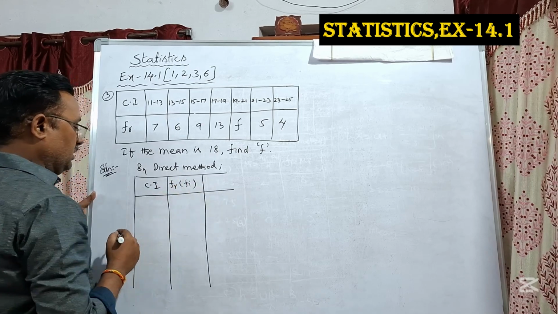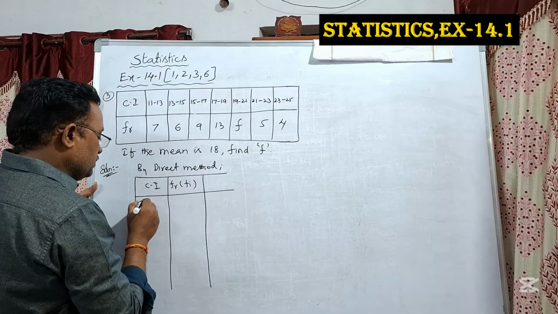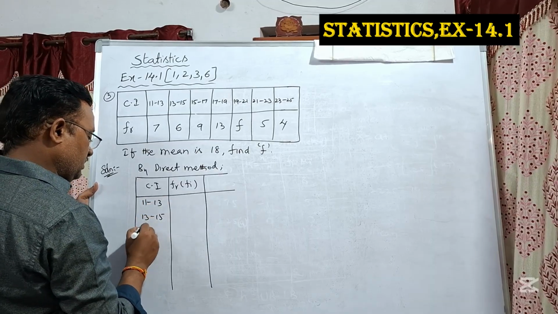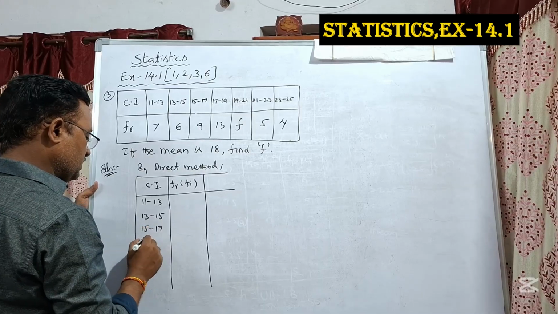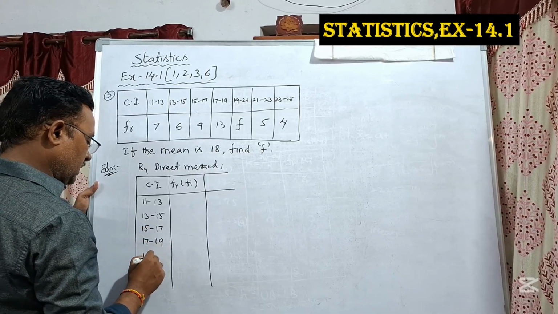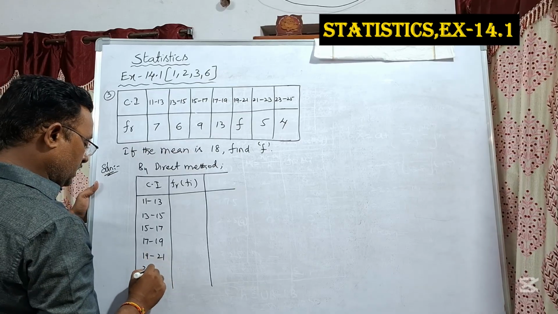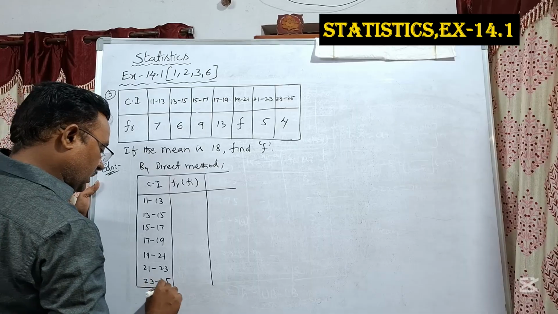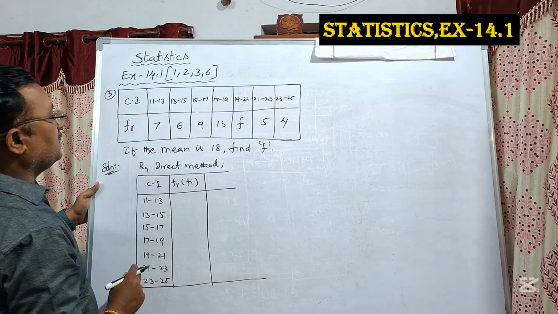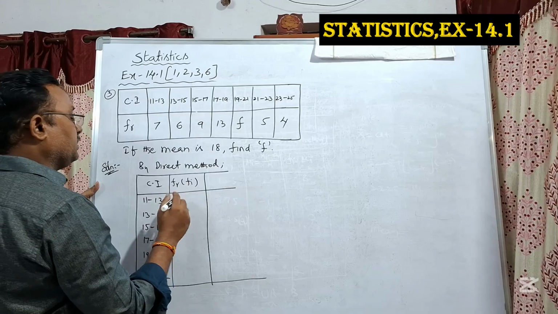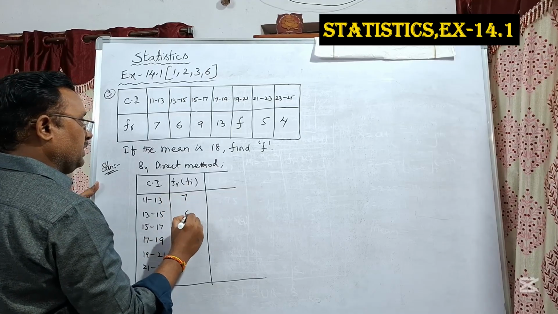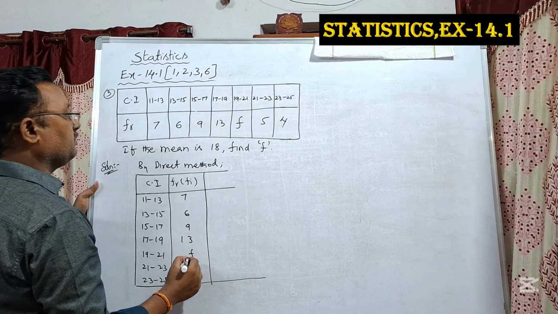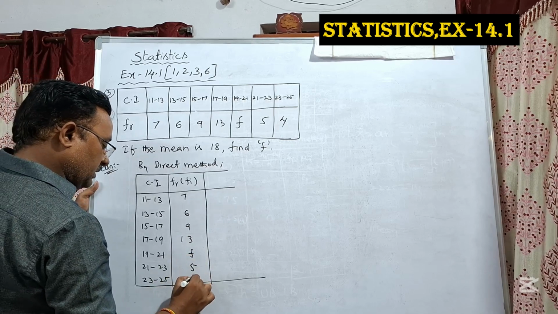That's why I am going to choose this one. 11 to 13, 13 to 15, 15 to 17, 17 to 19, 19 to 21, 21 to 23, 23 to 25 are the given class intervals. In order, their respective frequencies are 7, 6, 9, 13, small f (the missing frequency), 5 and then 4.